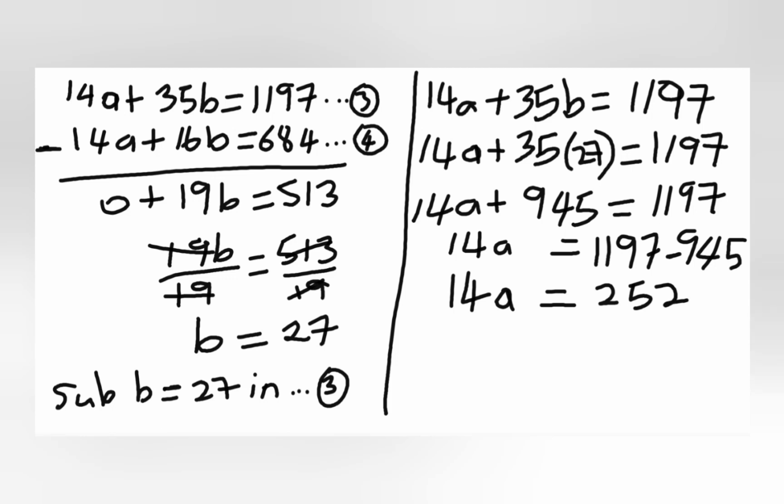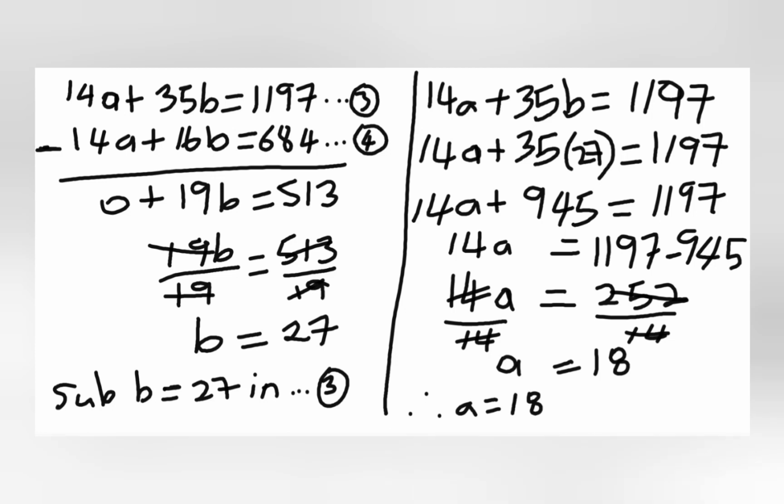So we're going to divide both sides by 14. So 14 into 14a goes 8 times, and 14 into 252 goes 18 times. So our solution to this is a is equal to 18 and b is equal to 27.